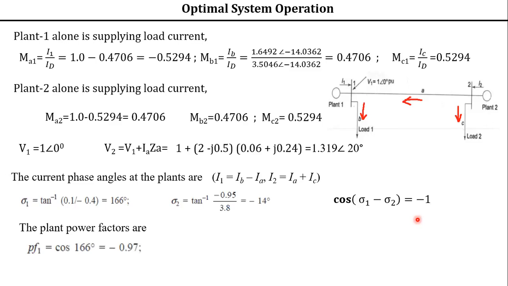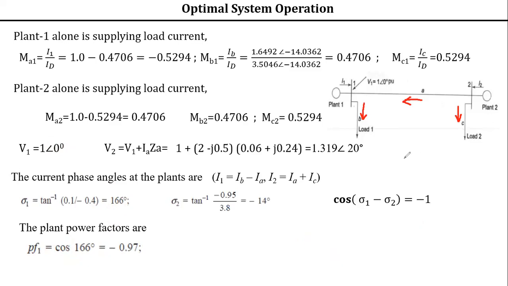For that, I have explained this. Cos phi 1 is equal to cos of this angle, that is the voltage angle. What is the voltage angle we are having? V1 is 0, isn't it? I will try to write the expression here.